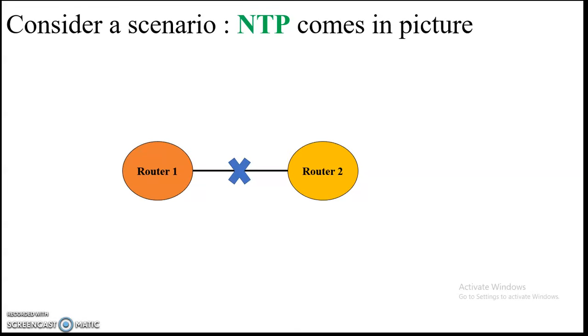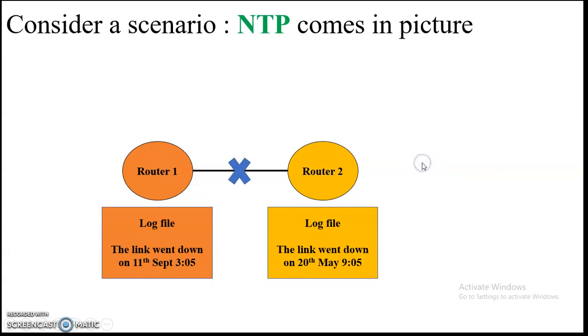Let us see, these are two routers which are connected, and the link which is connected goes down. Now, if you want to check the reason the link went down, we will go and check the logs.